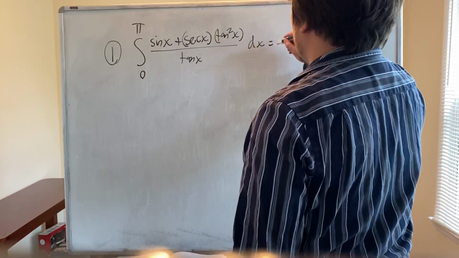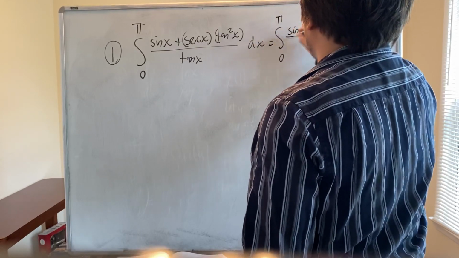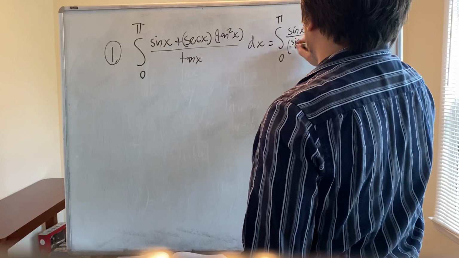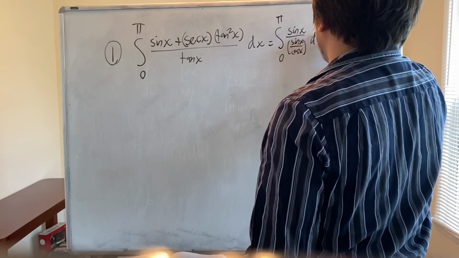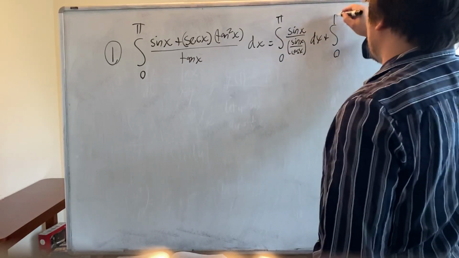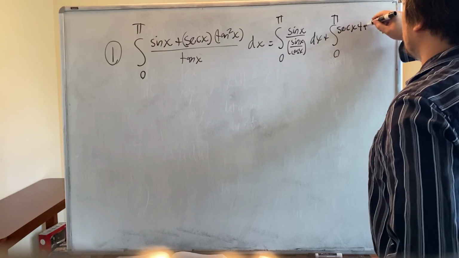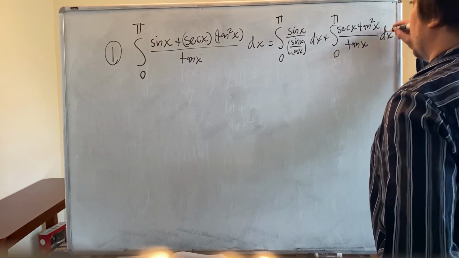So this is equal to the integral from 0 to pi of sine x over tan x dx, plus the integral from 0 to pi of secant x times tan squared x over tan x dx.